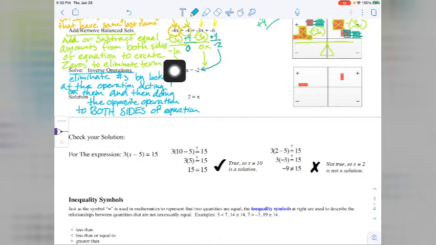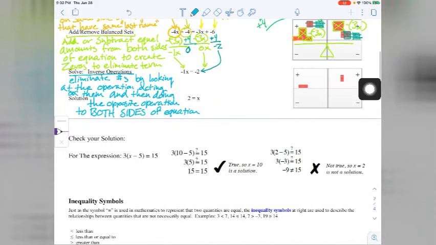So in this case, I see that this is -1 times x equals -2. There's no operations over here, it's just -2. But on this side, it's -1 times x. So if the operation is times, then I'm going to divide by the same number that I want to get rid of. Divide by -1.